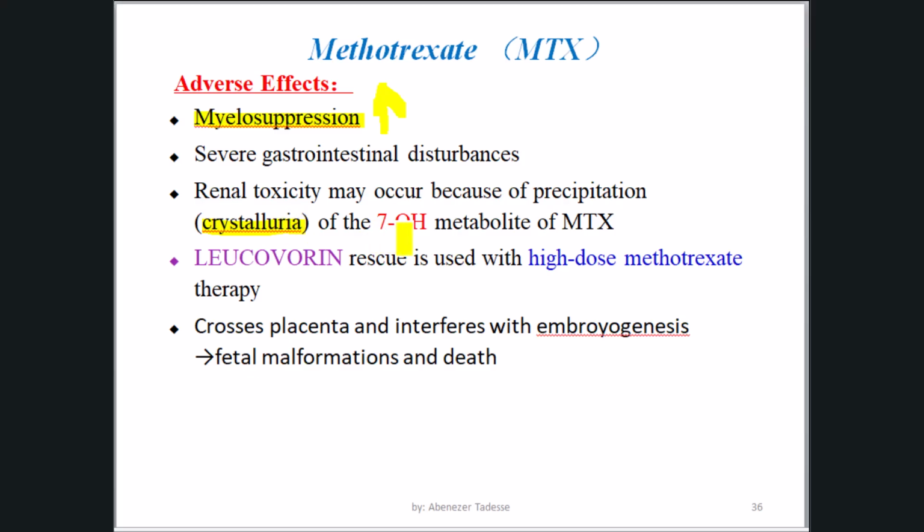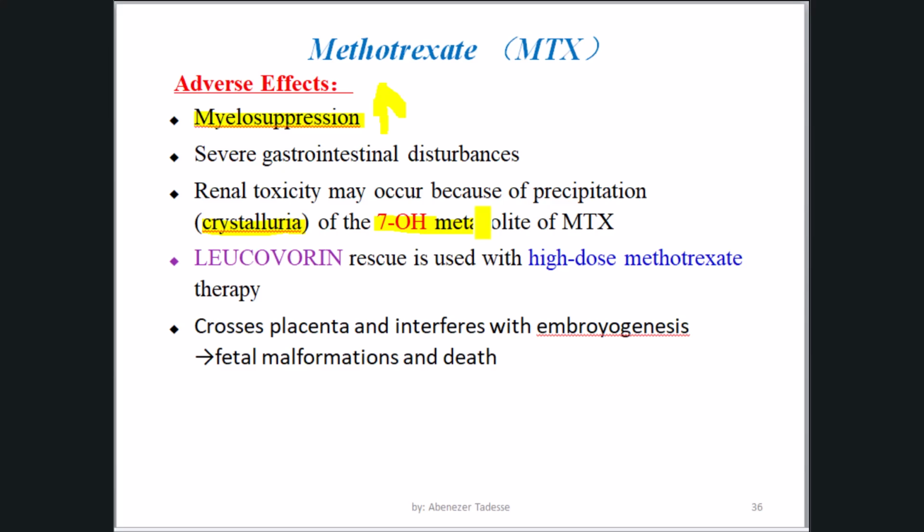The crystal formation results from metabolites, especially methotrexate metabolites. The 7-OH methotrexate metabolite is less soluble than methotrexate. So it should be given with a large amount of water to increase its solubility and ease its passage through the urine. Also, methotrexate and the 7-OH metabolite are weak acids.